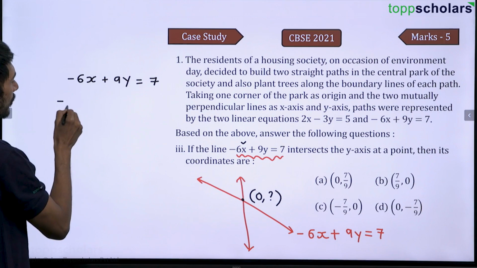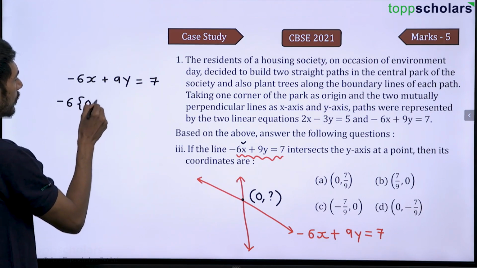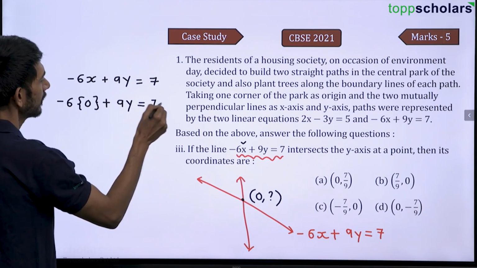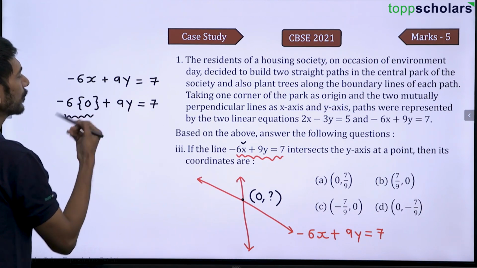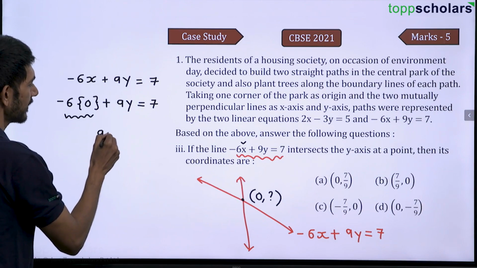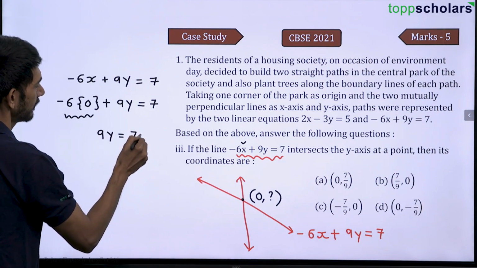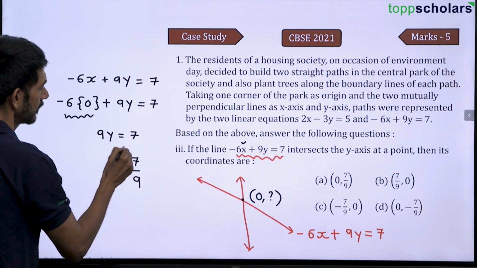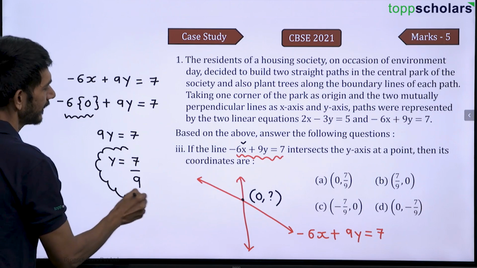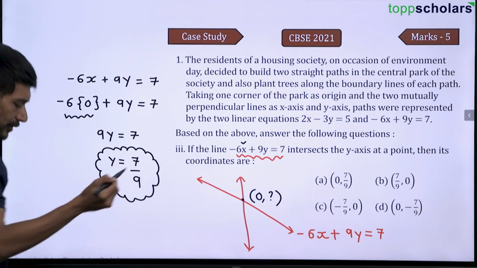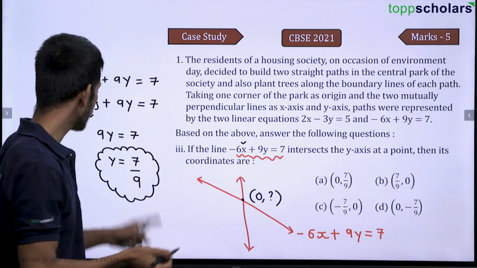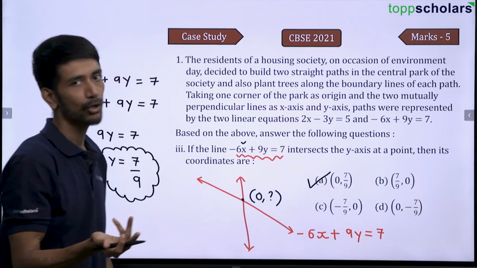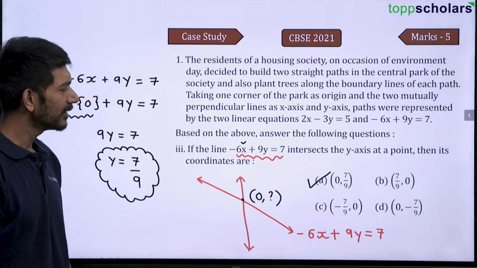Put x as 0. So minus 6 into 0 plus 9y is equal to 7. Minus 6 into 0 is 0. So can I say 9y is equal to 7? So y will be equal to 7 by 9, right? So that's it. X is 0, y is 7 by 9. Option A is the correct option. 0, 7 by 9. Isn't it very simple?